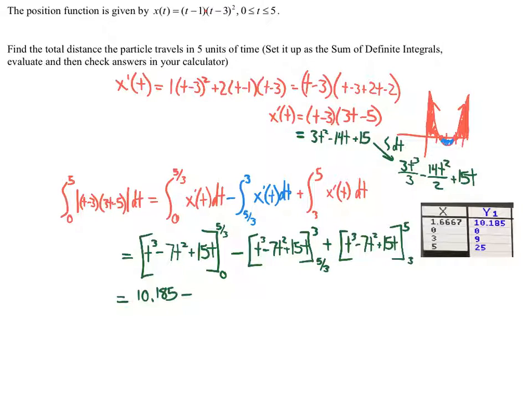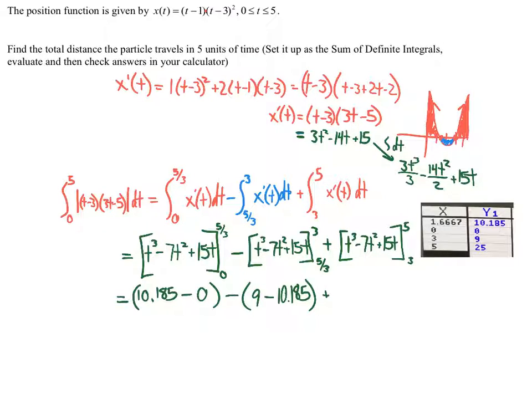Minus this evaluated at 0 is 0. So that's the first one. Then minus this evaluated at 3 is 9, minus this evaluated at 5/3, which is 10.185. Notice it makes sense that that middle one was negative. That's the whole reason why we're having to subtract it, to make it positive. Okay?